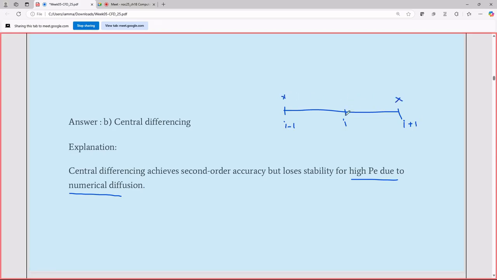So the I value will have less importance, and this can cause oscillations in the solution. So even though it is second order accuracy, for high Peclet number, it can create oscillations or numerical diffusion.